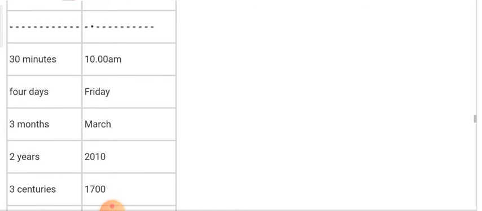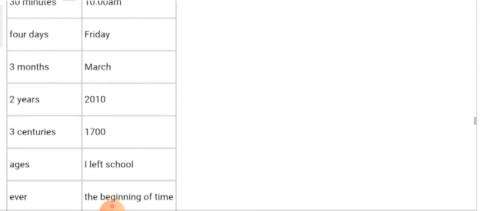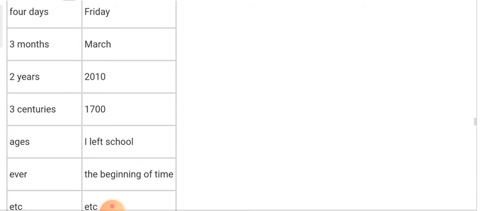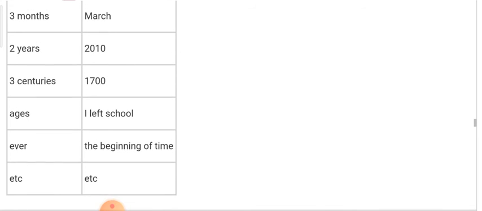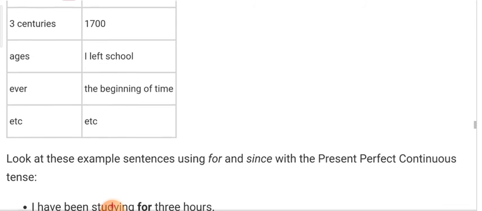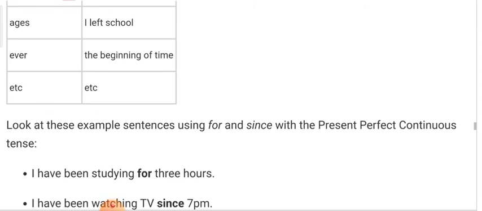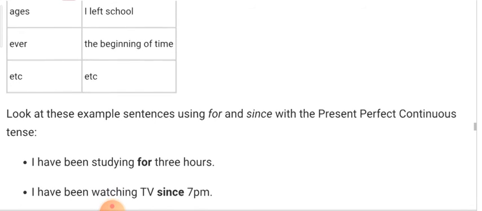In the same way, there are many examples that we have to keep in our mind. When there is a definite time, we use since. When there is indefinite time, we use for. I hope according to this example you have understood the possibilities.